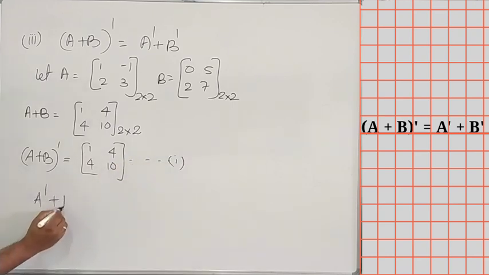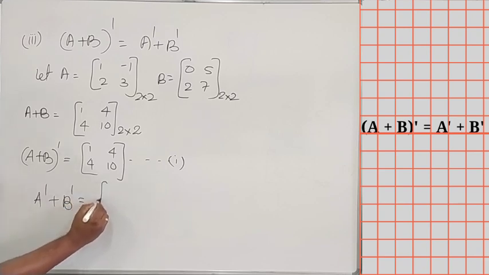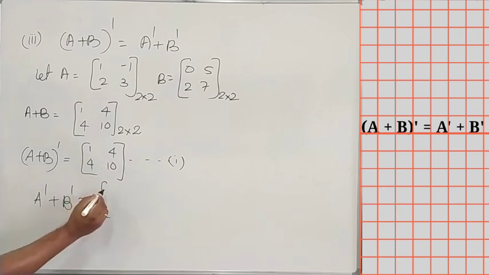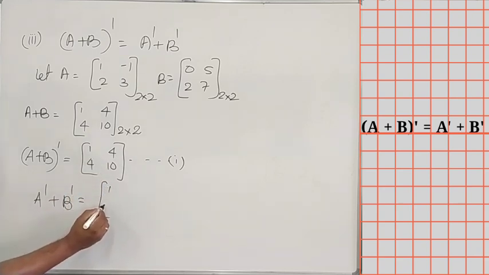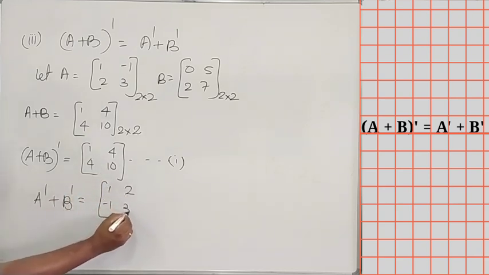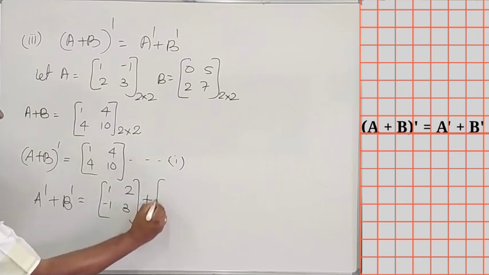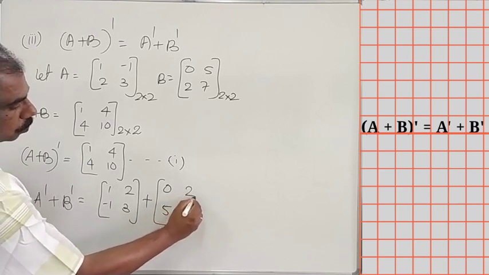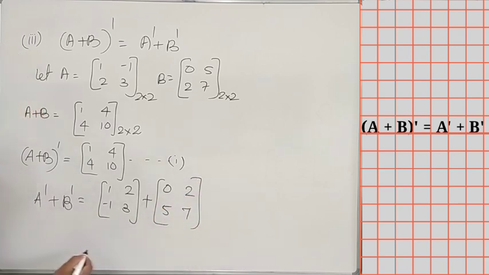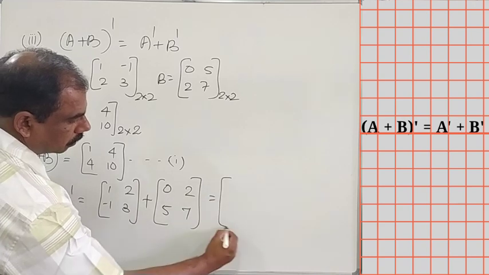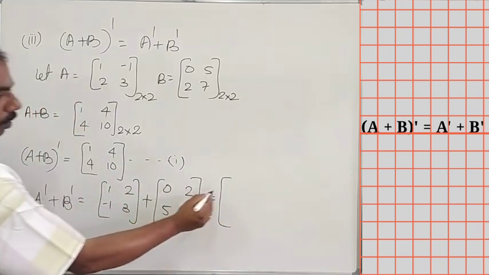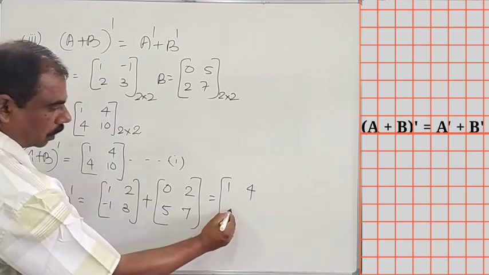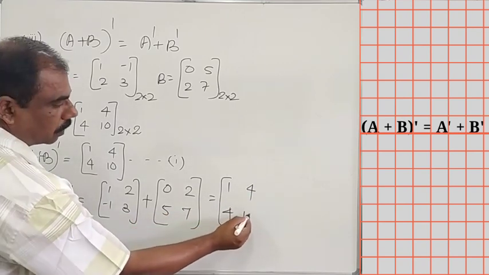A transpose plus B transpose. A is the matrix 1, minus 1, 2, 3, so A transpose is 1, 2, minus 1, 3, plus B transpose that is 0, 2, 5, 7. When we add these two matrices we get 1 plus 0 that is 1, 2 plus 2 it's 4, minus 1 plus 5 that is 4 and 3 plus 7, 10.